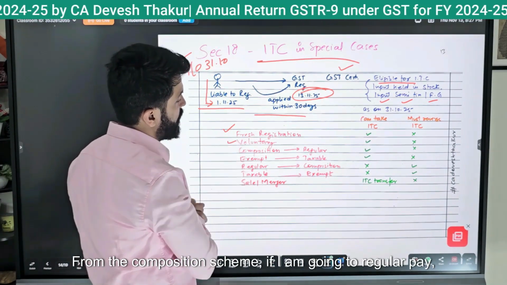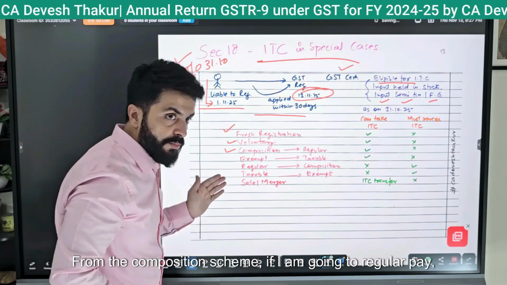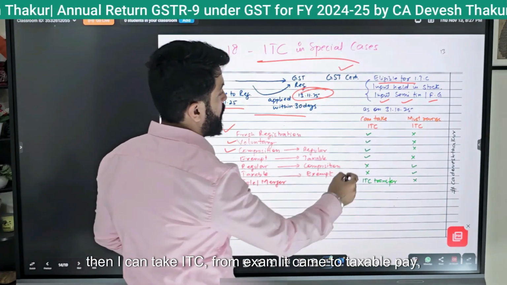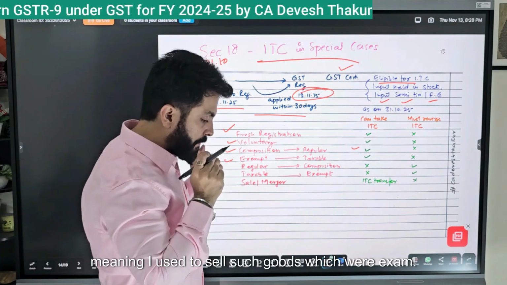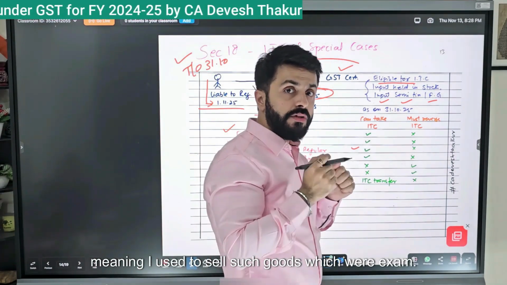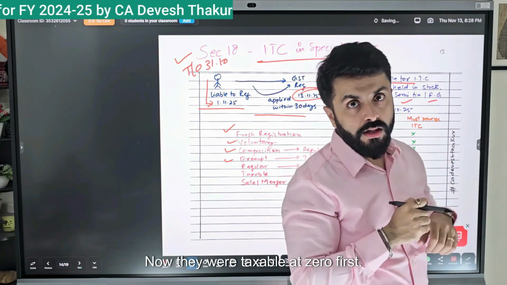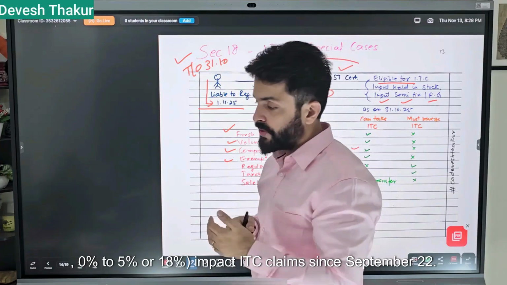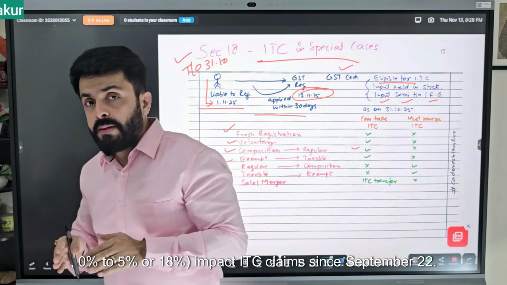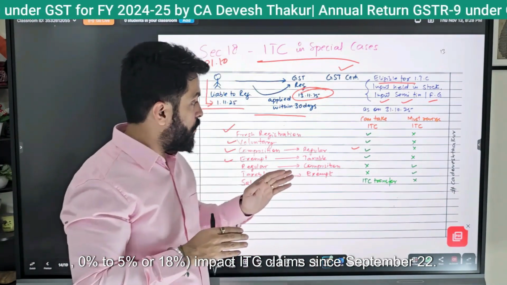Now if you look further at Section 18, it is also the same in voluntary registration. From the composition scheme, if I am going to regular payment, then I can take ITC. From exempt to taxable, meaning I used to sell goods which were exempt and now they are taxable. Rate changes on taxable goods, e.g. 0% to 5% or 18%, impact ITC claims.